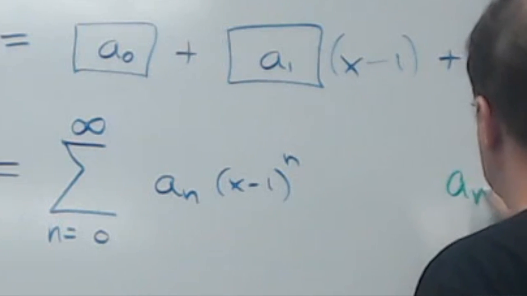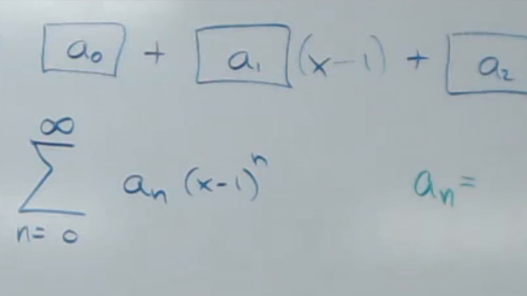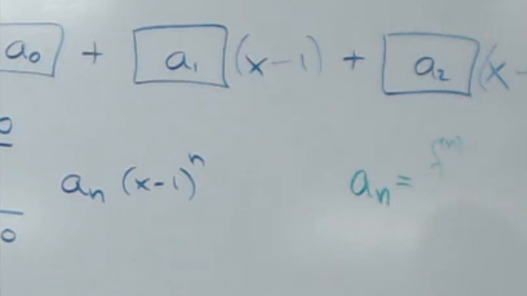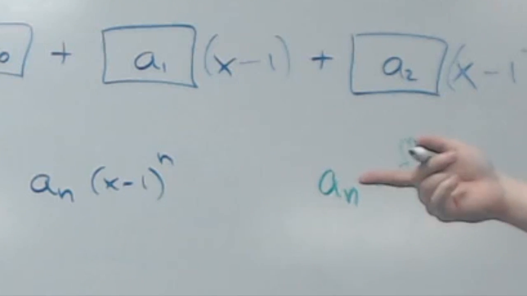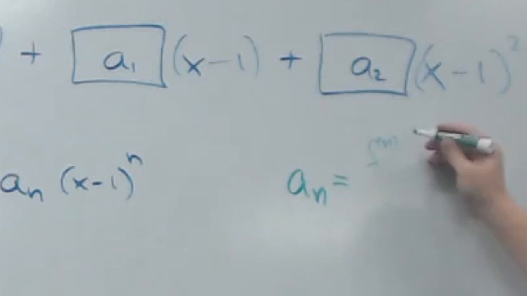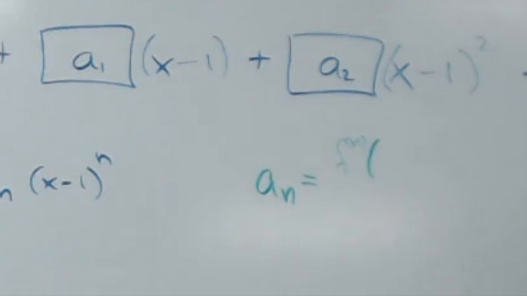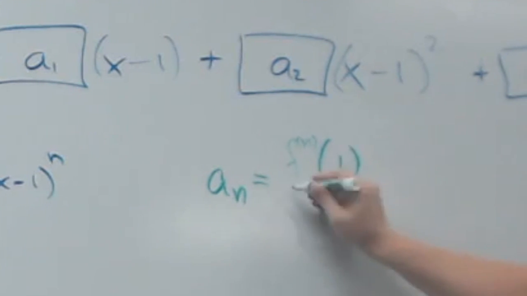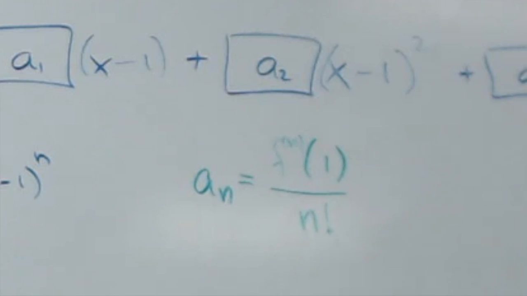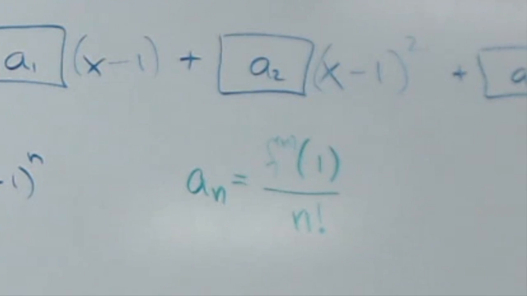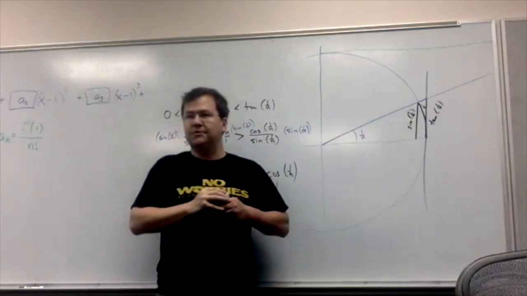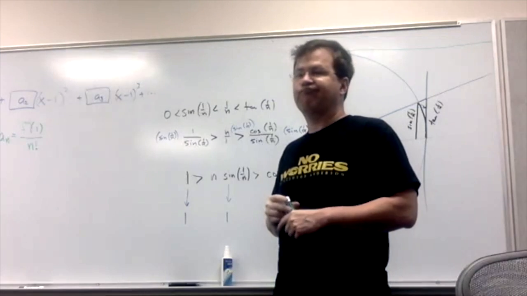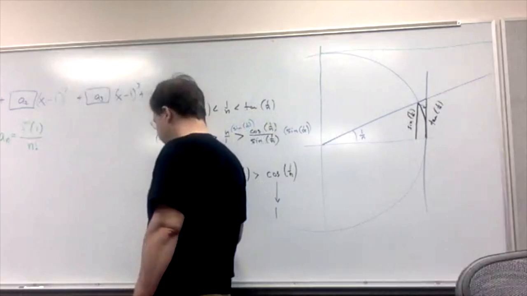What we're going to find in a few moments is that the formula for a sub n, and we're going to show this, is going to be the nth derivative of this function, which in this case is a square root function, evaluated, last time I said it was evaluated at 0, this time at 1. So the formula for this one is not too different from the formula that we had for the Maclaurin series. It's pretty much where it's centered at is what you're evaluating the derivative at. So not that much of a change.